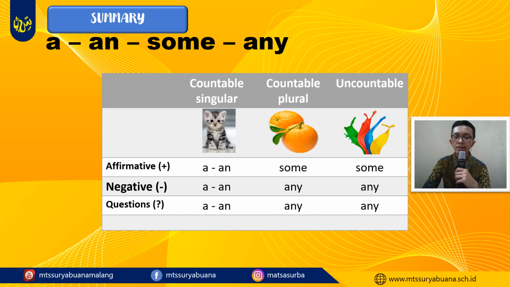We use a and an for countable singular in affirmative, negative, and question forms. We use some for countable plural and uncountable in positive sentences. And we use any for countable plural and uncountable in negative sentences and questions.